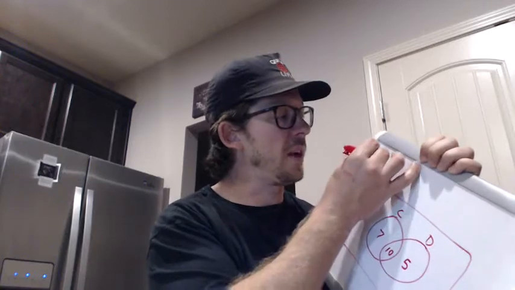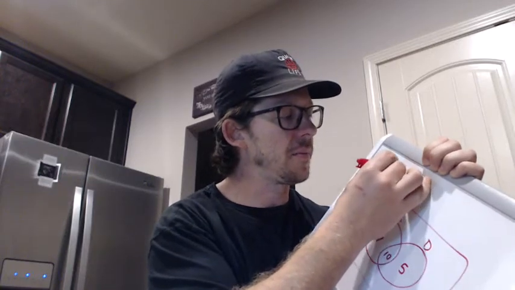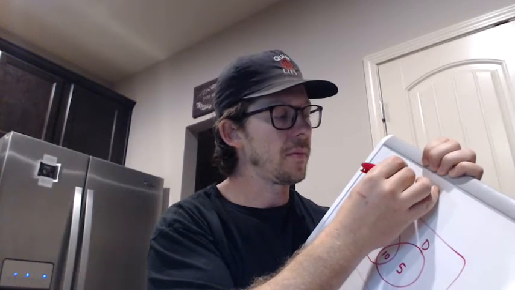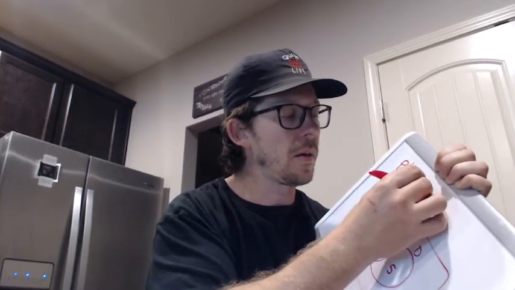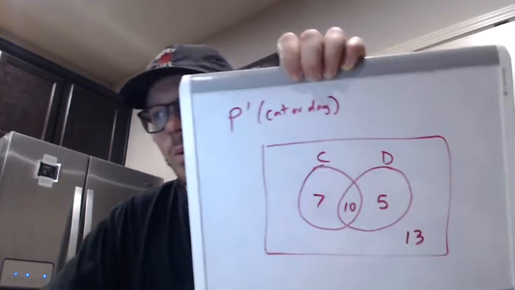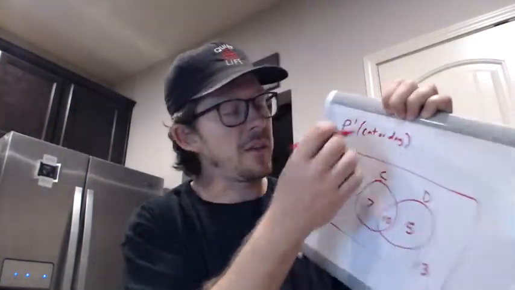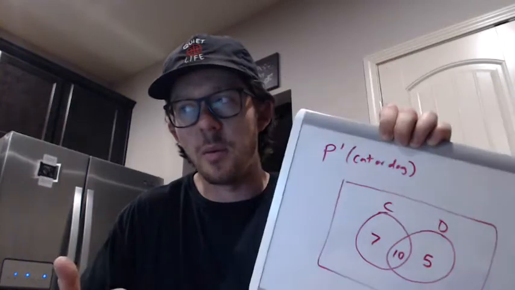The next question says on your notes, what's the probability that someone owns neither a cat nor a dog? So the way this looks is like this. When you see this little apostrophe-looking thing, that's a complementary event.